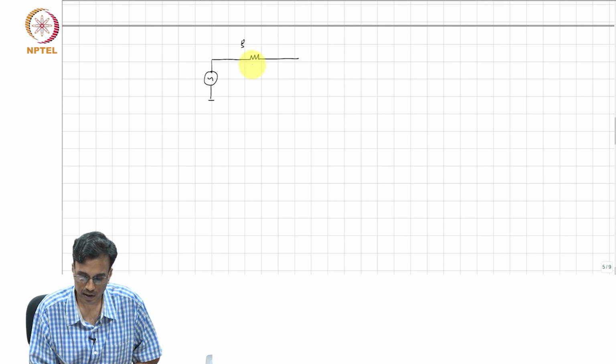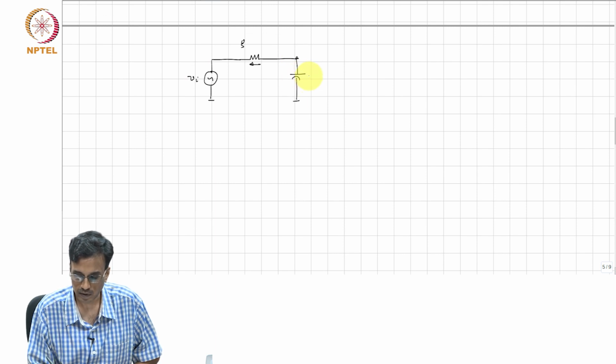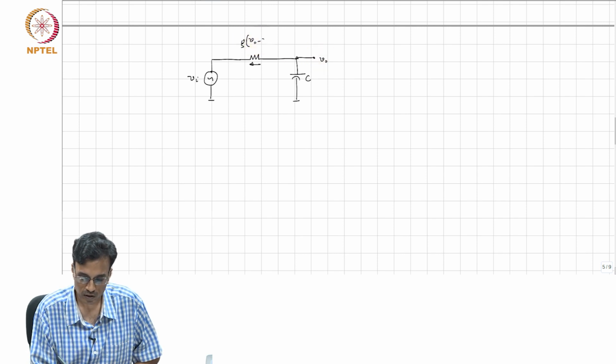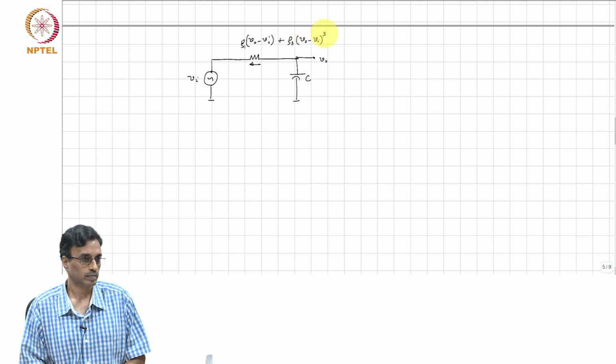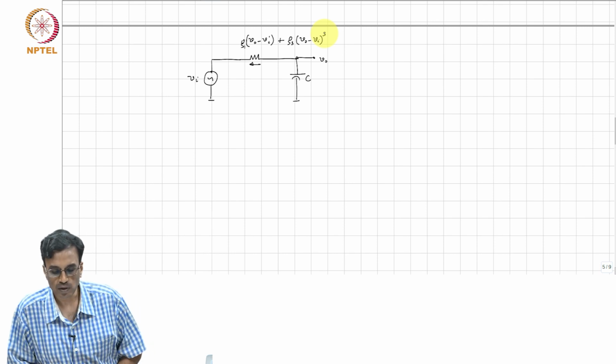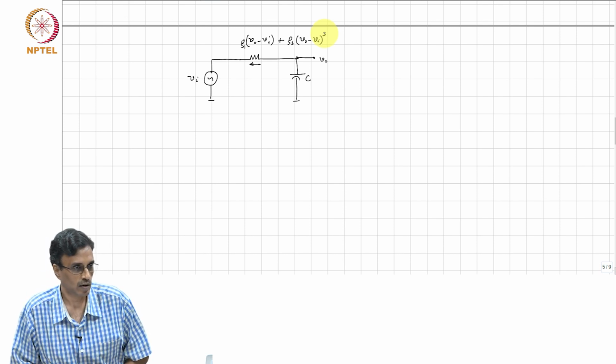This is Vi, this is C, this is Vo. So, this is G1 times Vo minus Vi plus G3 times Vo minus Vi the whole cube. So, now there is no second order nonlinearity to talk about.